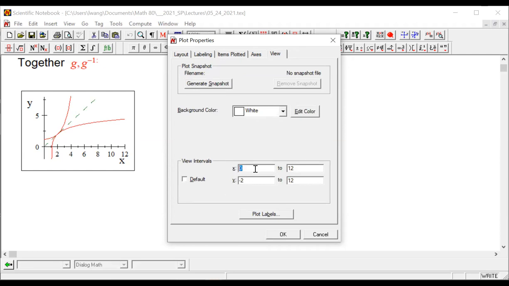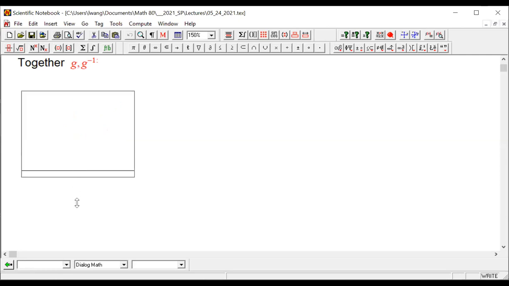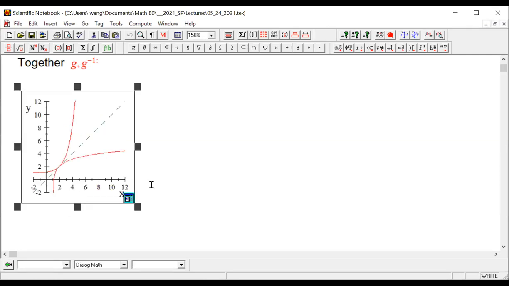The scale doesn't seem to be matching very well, so we're going to make that visually. That's it. So that's G, and that's G inverse.